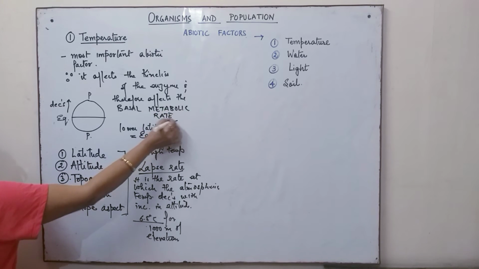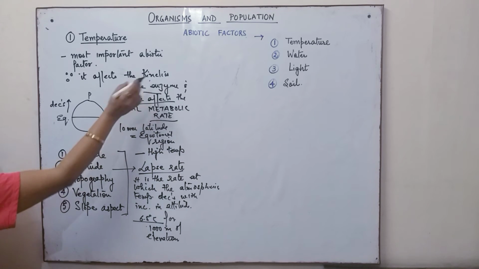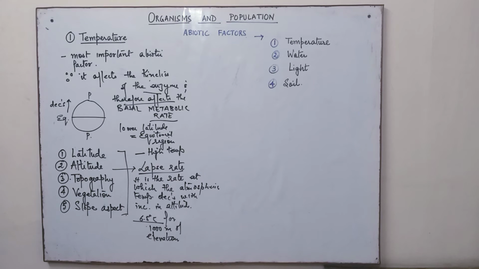We have studied the role of temperature in the kinetics of the enzyme and we know how it affects. So if the temperature is not suitable for enzyme working, then obviously the overall metabolic rate of the organism will also be affected.